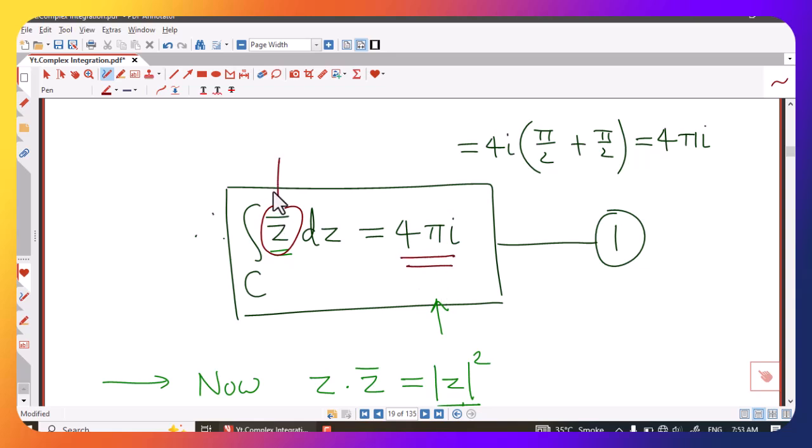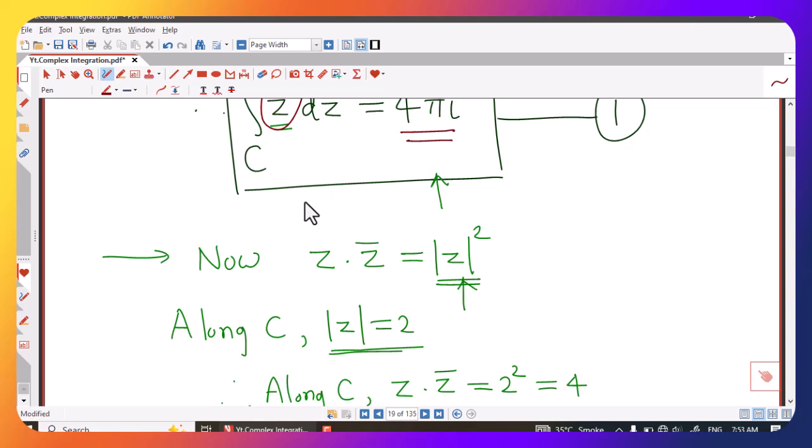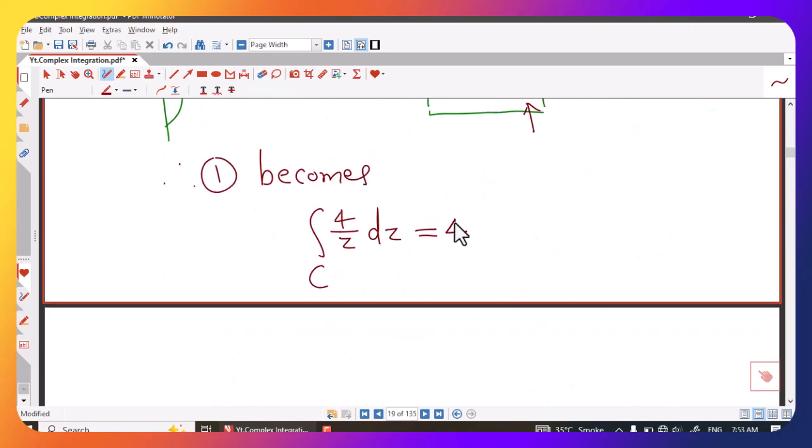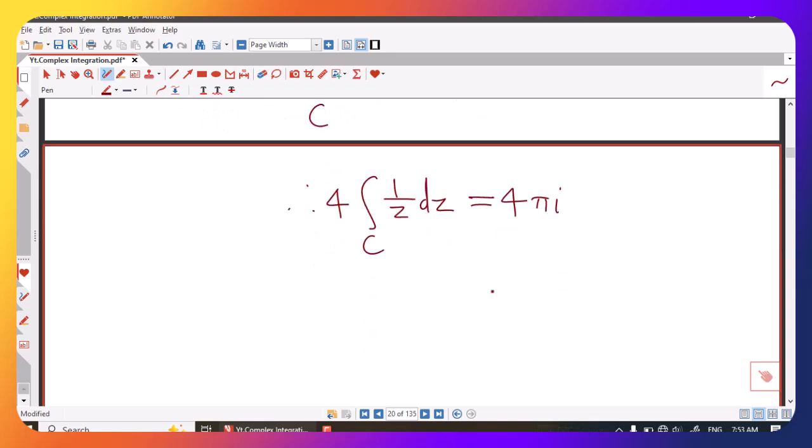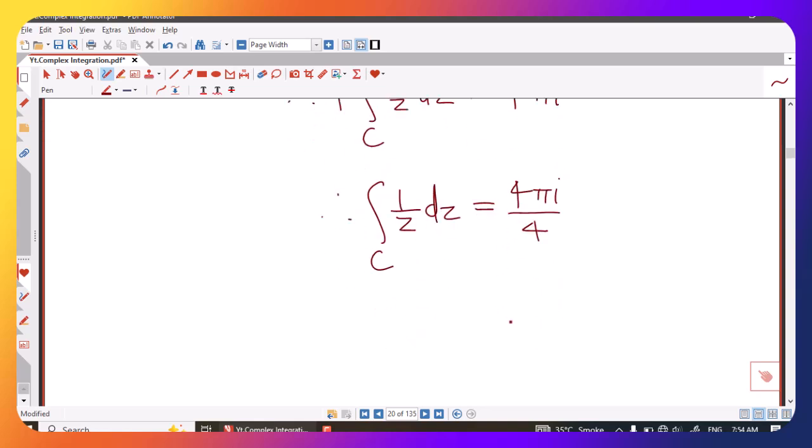So here we just replace z bar by 4 by z and keep other things as they are, 4 pi i. Therefore this 4 we can take outside the integral. 4 times the integral of 1 by z dz is 4 pi i. Therefore the integral of 1 by z dz is 4 pi i divided by 4, and that becomes pi times i.